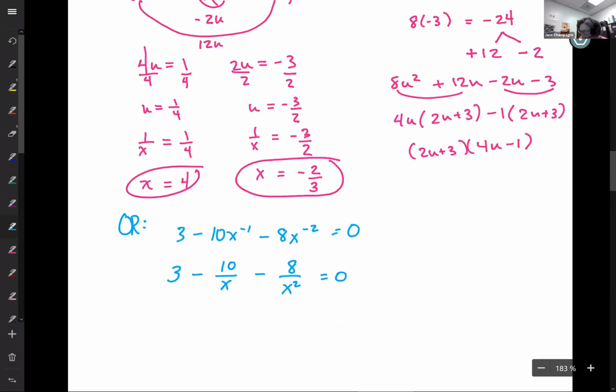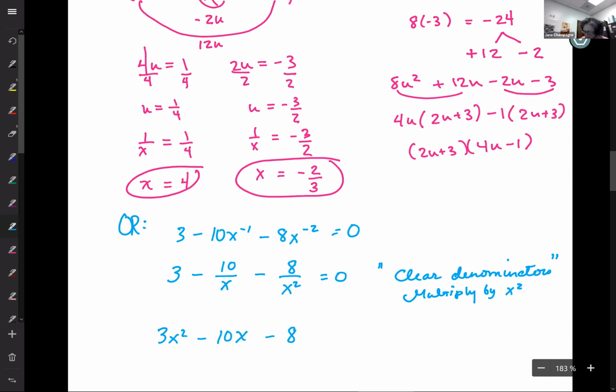And then clear the denominators. Because now it's actually what we call a rational equation, where if you multiply both sides by the LCD, which would be x squared, you get 3x squared minus 10x minus 8, don't you?